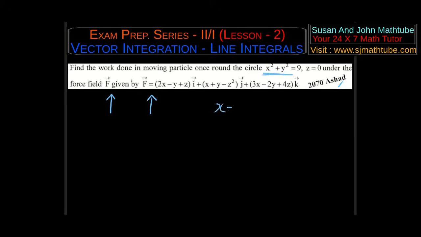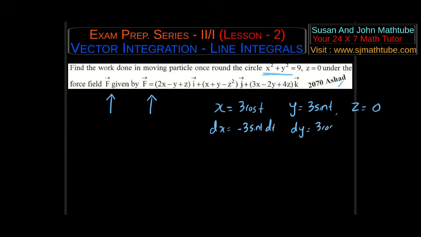So the parametric form is x is equal to 3 cos t, y is equal to 3 sin t, and z equal to 0. And then the differentials will be dx equal to minus 3 sin t dt, dy is equal to 3 cos t dt, and dz equal to 0.